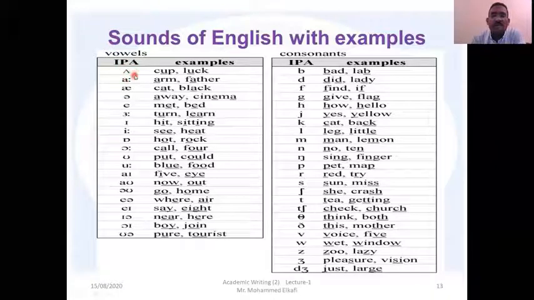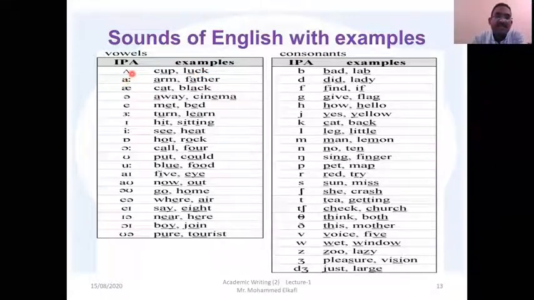Here first we have the vowel up, as in cup, or even luck. So the sound is up.